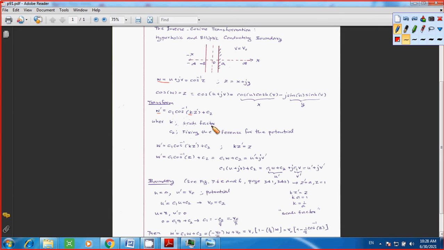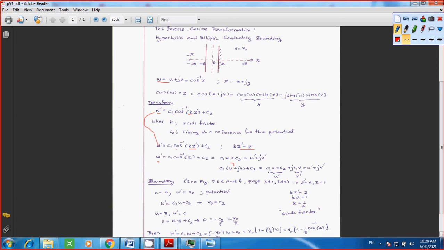Both C1 and C2 are constants. Okay. So your W prime, since your Kz prime is equal to Z, where K is the scale factor, you end up with W prime equal to C1 W plus C2, or equal to U prime plus jV prime.